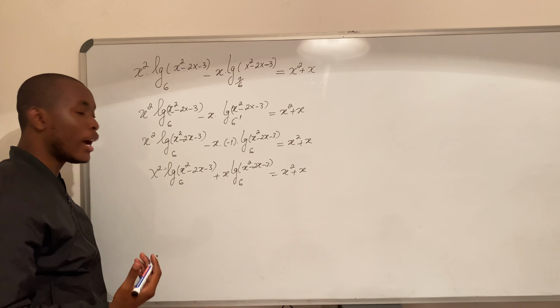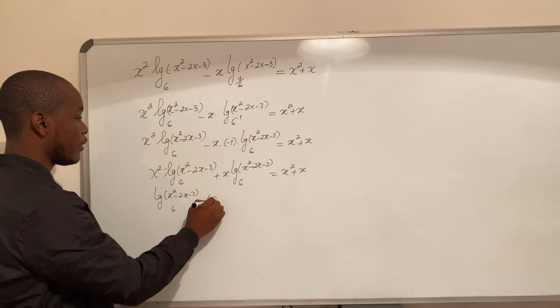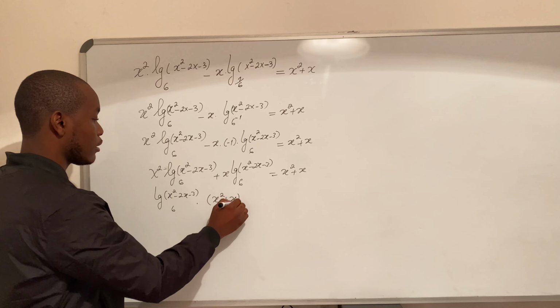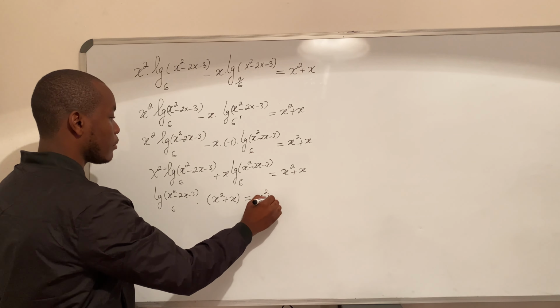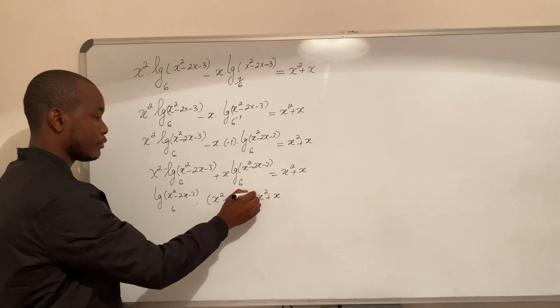So we will have log of this expression to the base 6. Factorizing, we will have x squared plus x equal to x squared plus x. So, x squared plus x, and here x squared plus x. So we can send x squared plus x to this side, so we can also factorize it.